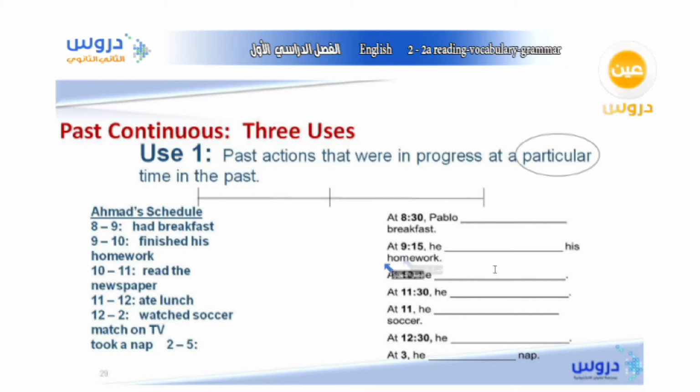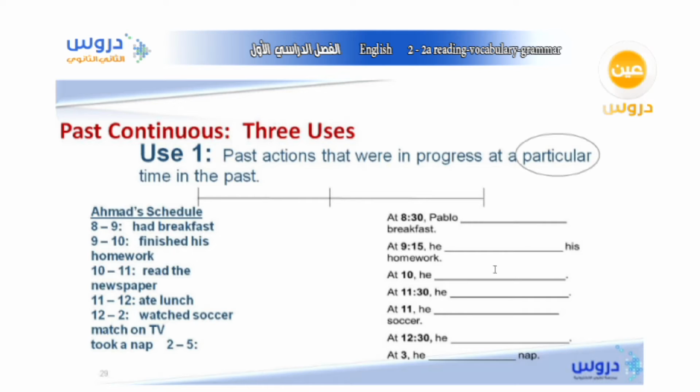Alright, so this is the schedule of Ahmed. Can you help me with this sentence? At 9:15, what can we say about Ahmed? Hiba and Raved, I'm waiting for your answers. You can write the sentence. Okay, sounds great. He was finishing his homework.